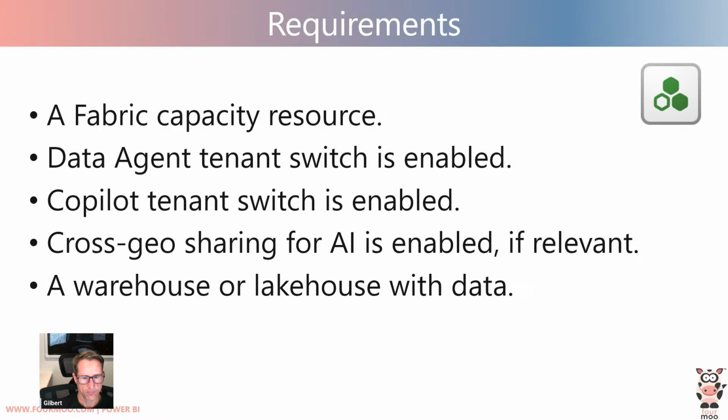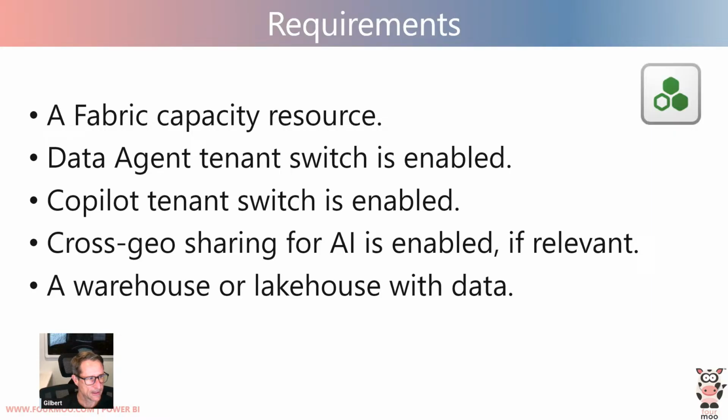Okay, and this is pretty much my second slide, the requirements. In order to run a data agent, there are some requirements. What you need is a Fabric capacity resource. That can be any Fabric capacity from an F2 upwards, which is great because when this first started, it used to be an F64. So it's great that they've removed that barrier.